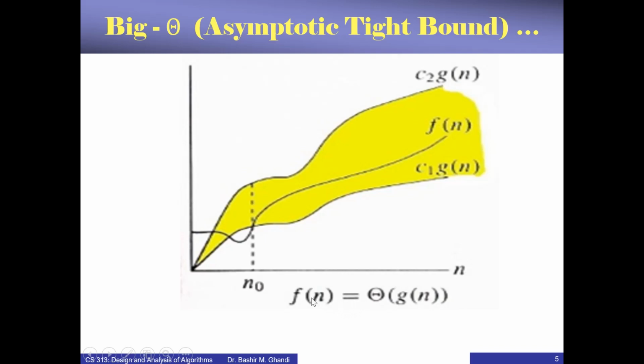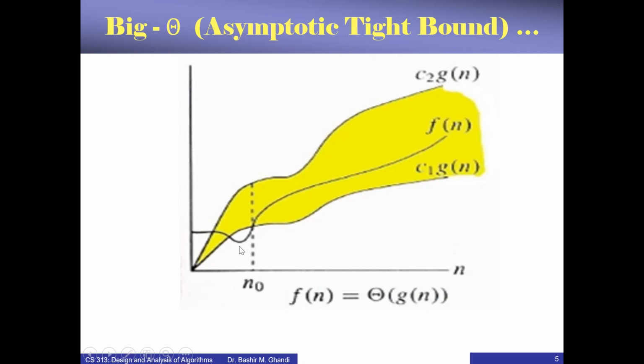When we say fn is equal to theta of gn, all we are saying actually is that fn belongs to the set theta of gn. Yeah, but this is a common practice to use equal to say fn is theta of gn. It will sound like we are saying they are equal. No, they are not equal. We are just saying that fn belongs to this class. So the theta of gn is a class. fn belongs to that class.